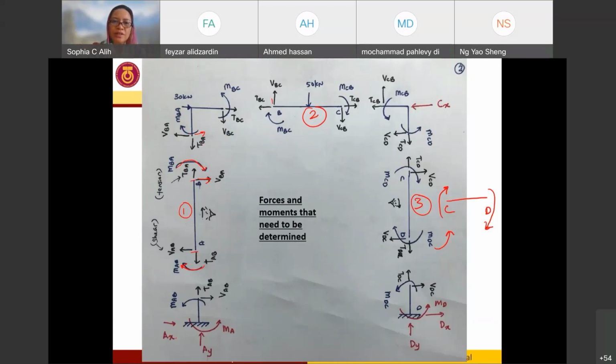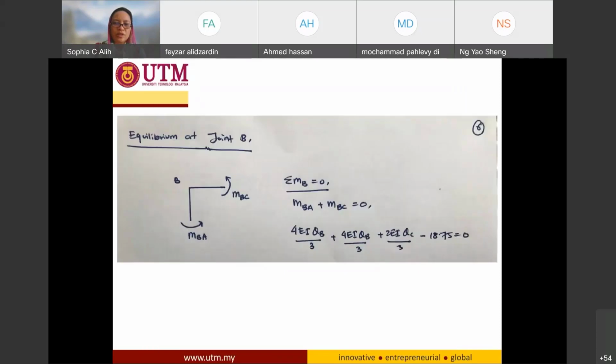And this one also, to balance this end moment, I need another moment at the other end of the joint with the opposite direction. So using this joint, I need to find my equilibrium in order to find MBC and MBA. Then using this equilibrium, I can determine the others. We come to the equilibrium over here.